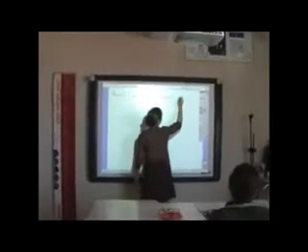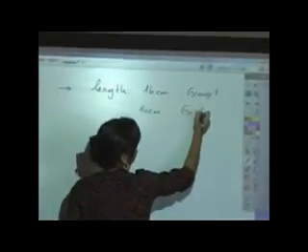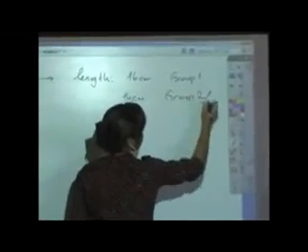How many? 16 centimeters, one group. 14 centimeters, group 2. Okay, convert them into nano. Immediately, convert the centimeters into nano.